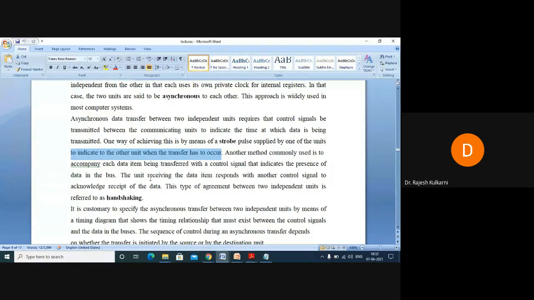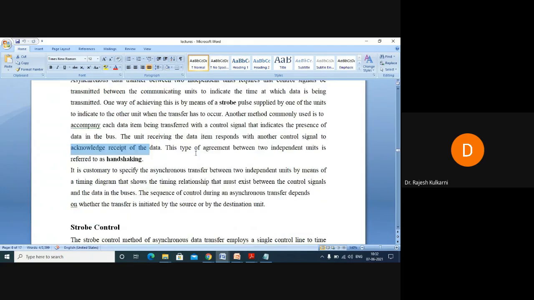The second method is that each data item being transferred also has a control signal. This control signal will tell the other that there is data on the bus. The receiving unit also uses its own control signal to acknowledge that this data has been received. This type of agreement is called handshaking.